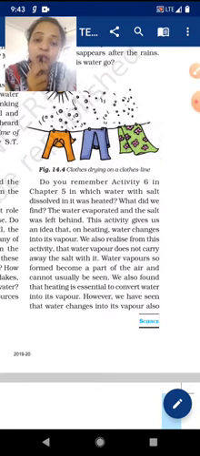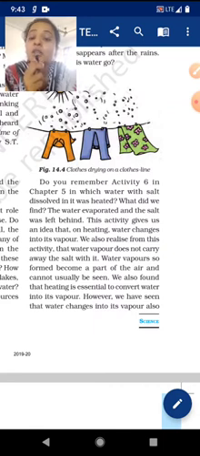Do you remember activity 6 in chapter 5, in which water with salt dissolved in it was heated? What did we find?